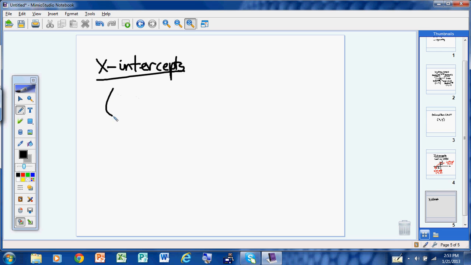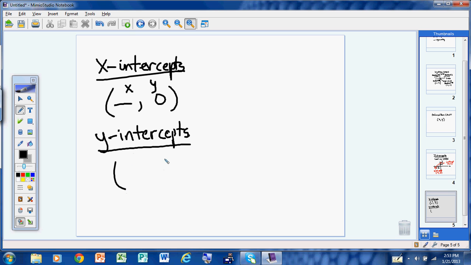Well, when we're trying to find x-intercepts, we're looking for the x value when the y values are 0 in a point. Okay, similarly, if we were looking for y-intercepts, we would be looking for the y value in a point when the x values are 0.